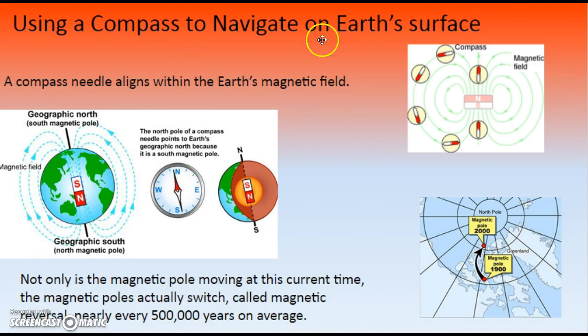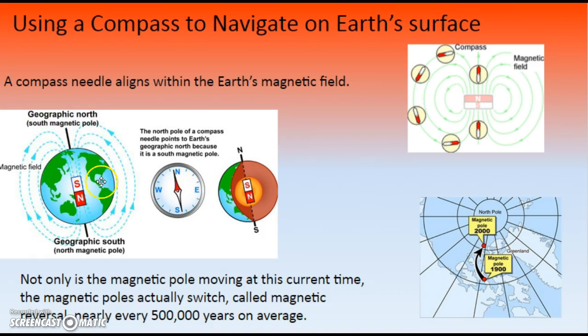We're going to use a compass to navigate on the Earth's surface. A compass is simply a piece of iron that aligns itself within the Earth's magnetic field. It simply behaves because of forces acting on it. The Earth's geographic south is located near its magnetic north pole, and the geographic north pole is located near the south magnetic pole.